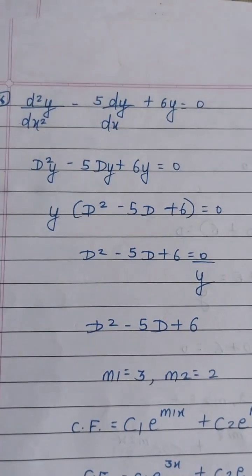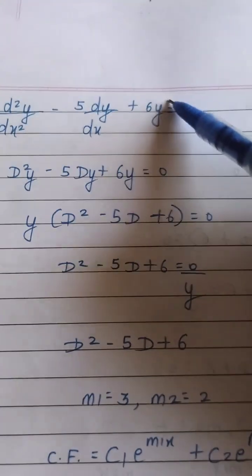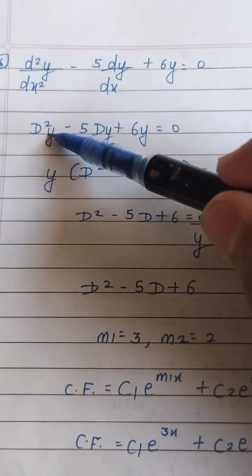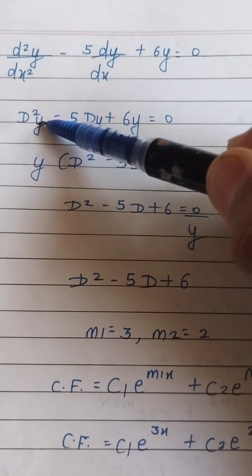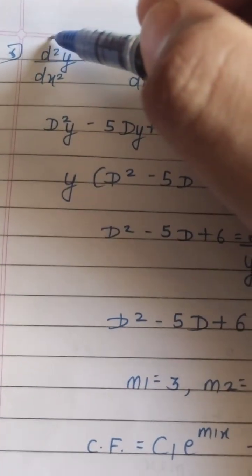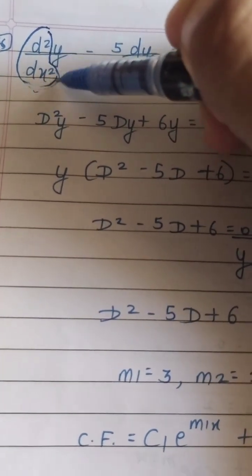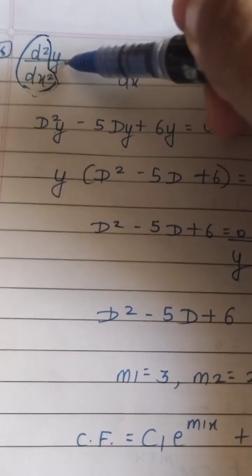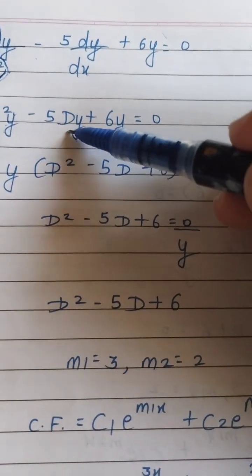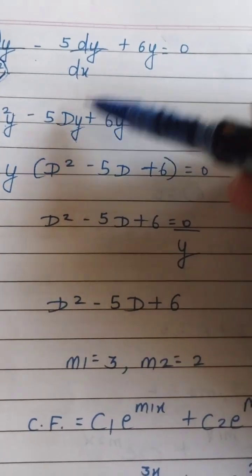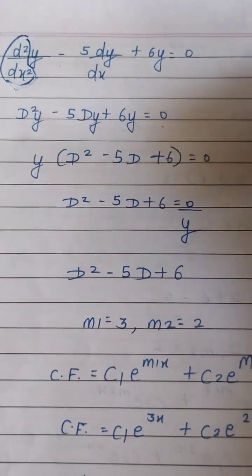So this is another sum, d2y upon dx square minus 5 dy by dx plus 6y is equal to 0. In the previous sum we have already shown that this whole term d square upon dx square we can write as d square, but this y as it is, and minus 5 also as it is, d by dx we can replace by d, and this y as it is, so it will be minus 5dy plus 6y is equal to 0.